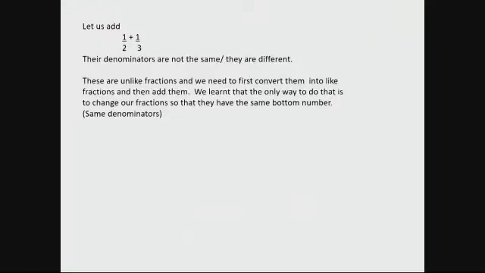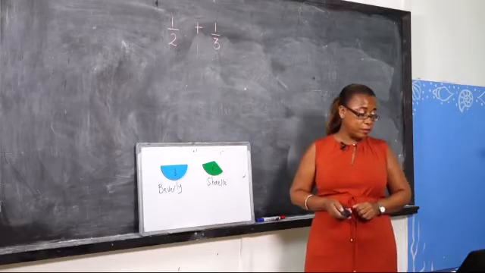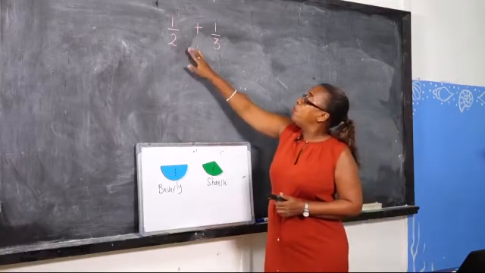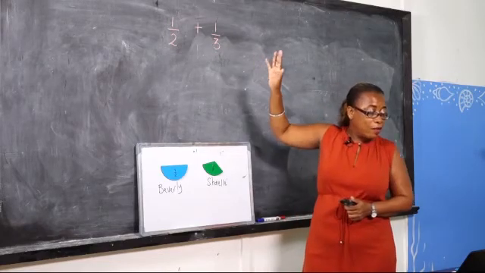We learned that the only way to do that is to change our fractions so that they have the same bottom numbers. They have the same denominators. Okay? 2 and 3, they are not the same. Okay? They are unlike fractions.